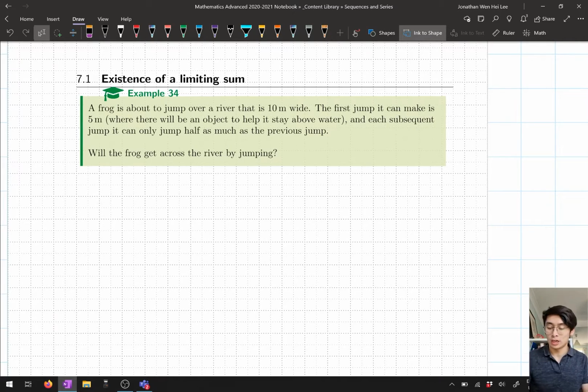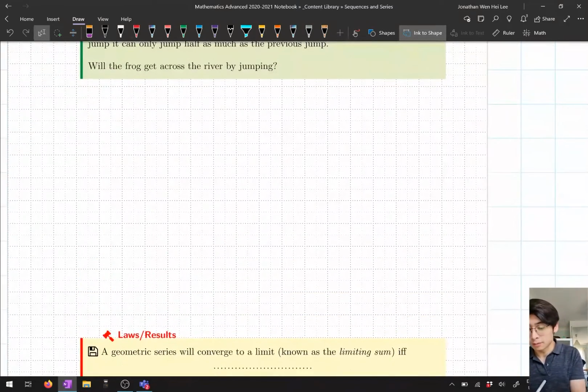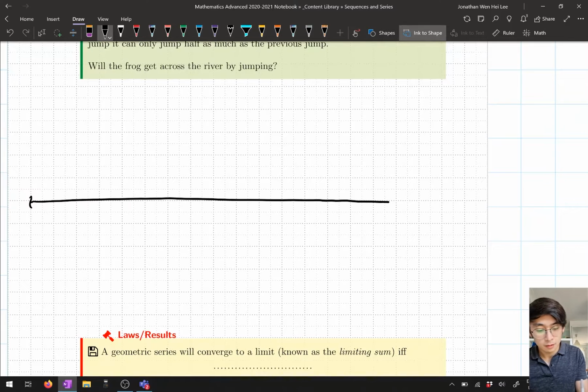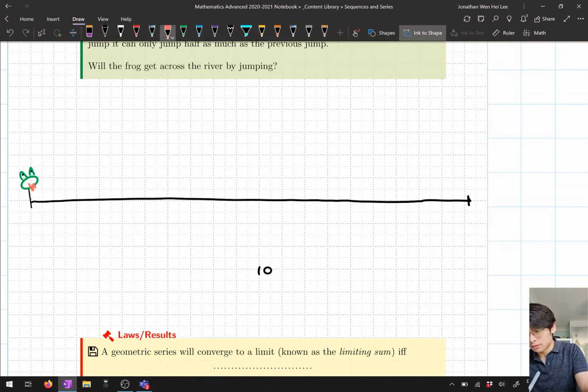So what we're imagining here is that there is a 10-meter river, and there's a few rocks in between in this 10-meter river, and we've got a little frog here, and the frog has got froggy eyes there, and it's doing ribbit.